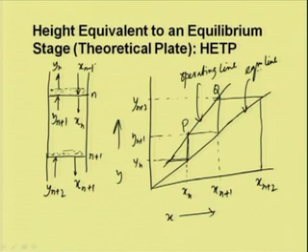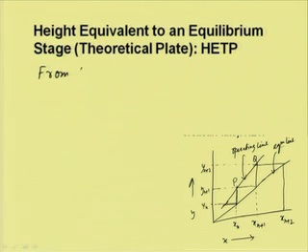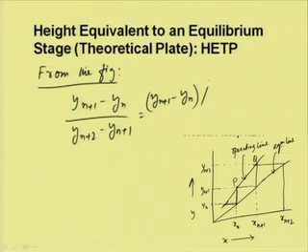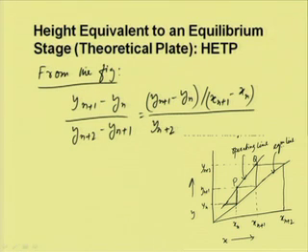So, from the figure we can write y n plus 1 minus y n divided by y n plus 2 minus y n plus 1 is equal to y n plus 1 minus y n divided by x n plus 1 minus x n, divided by y n plus 2 minus y n plus 1 divided by x n plus 1 minus x n.